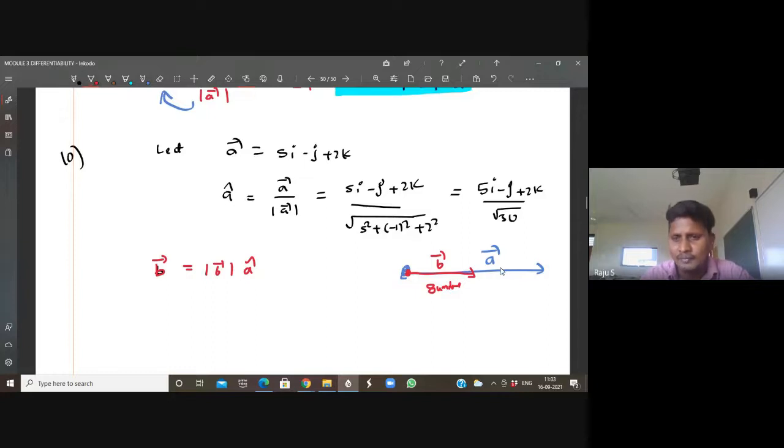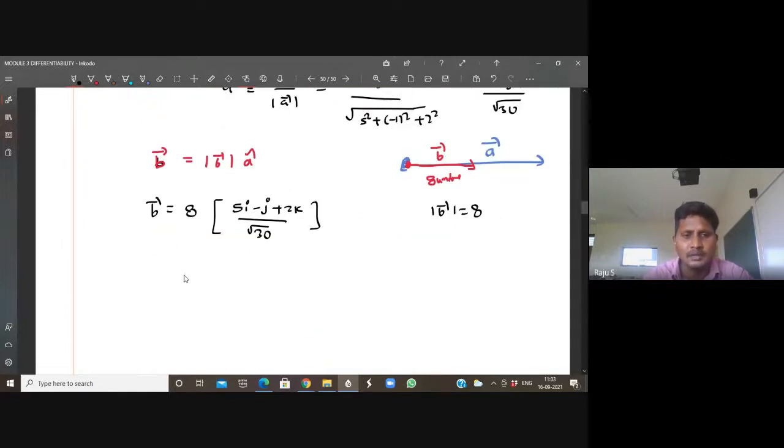For that, first we have to find the unit vector of the given vector A. I found the unit vector of given vector A. So vector B is equal to 8 times, since the magnitude of B is clearly 8 units, 8 into A cap, which is nothing but 5i minus j plus 2k by square root of 30. This is the required answer.